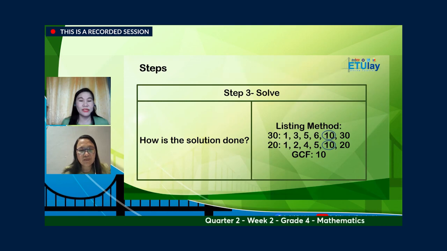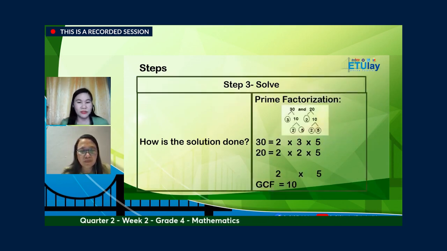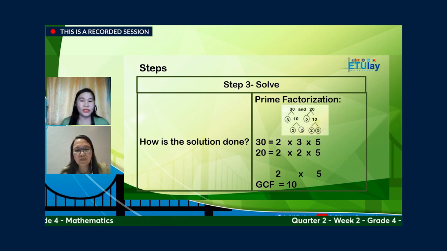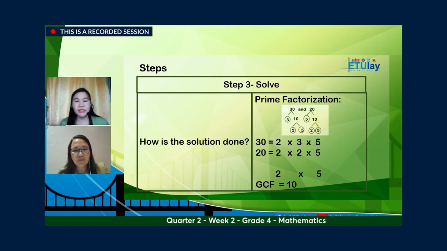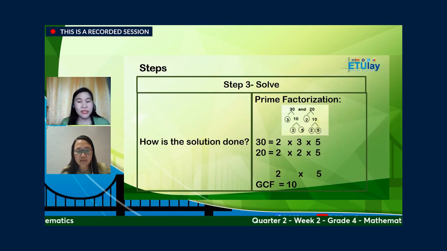So ipakita ulit natin yung factor tree or prime factorization. Okay, so 30, we have 3 times 10 and 2 times 5. How about 20? We have there 2 times 10 and 2 times 5. Okay, the prime factors, we have 2 times 3 times 5 for number 30.